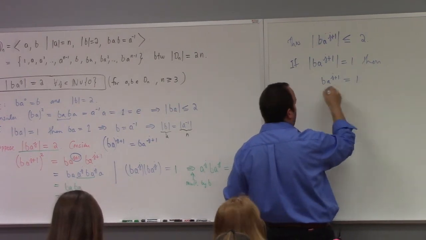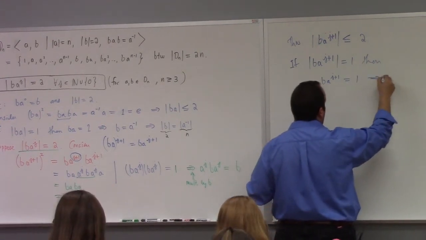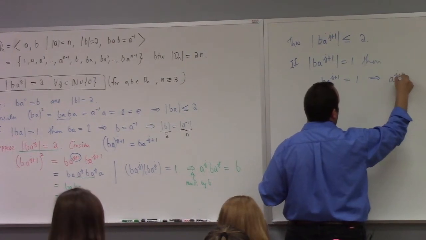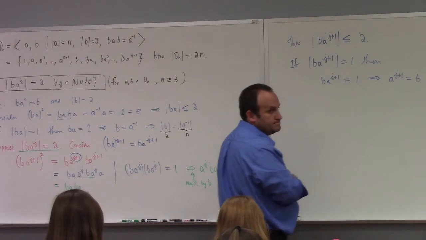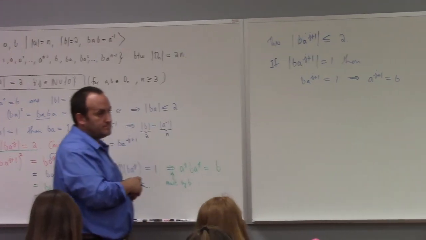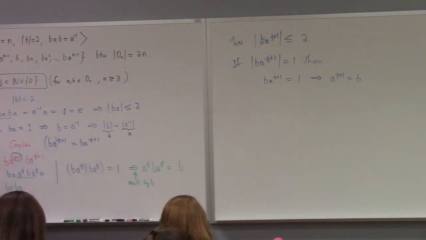Multiply both sides by B. Right? Yep. Should A to the J times B times A to the J equal B inverse? What is B inverse?